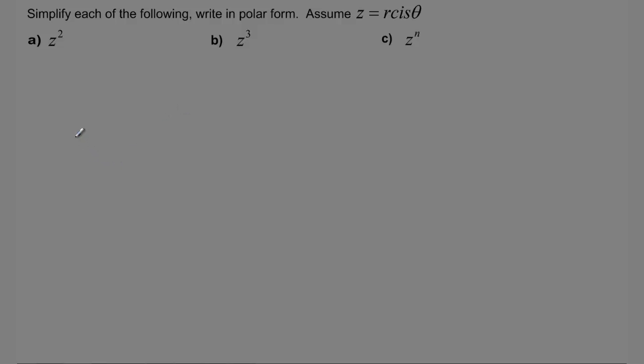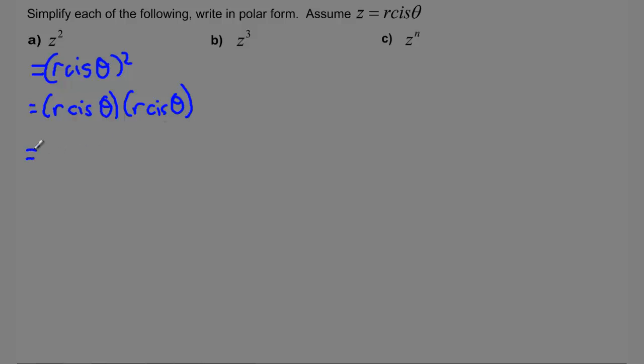If you recall, in our previous video we talked about the rules for r cis theta in multiplication situations. We'll just go over this right here. z squared would be r cis theta, of course, squared, which could be written as r cis theta times r cis theta.